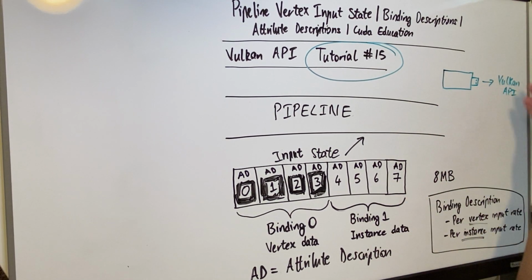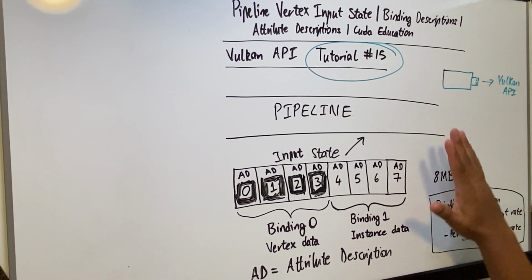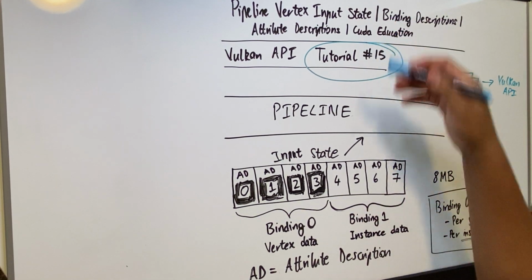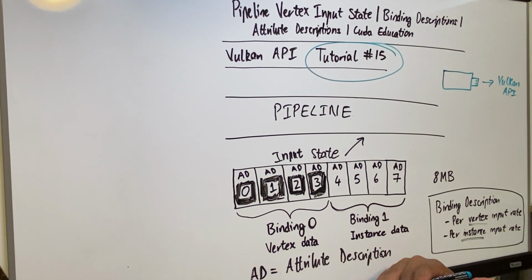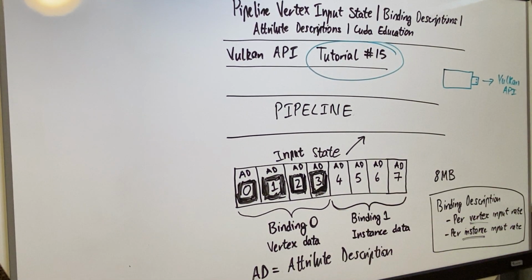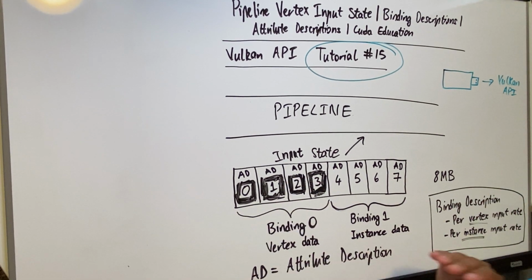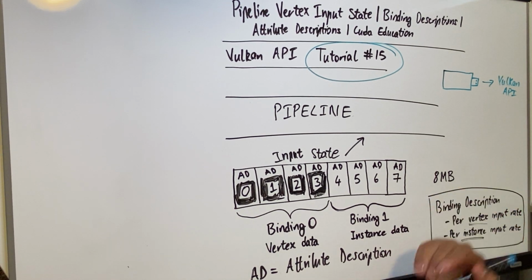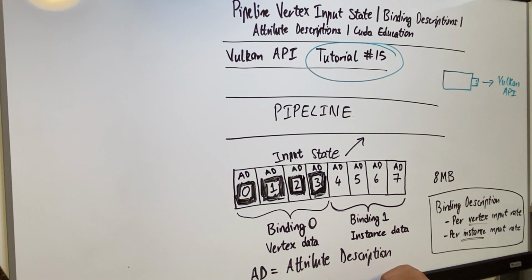There's no information about what you're handing it. There's nothing. And that's what pipeline vertex input state is about. It's about handing over a piece of data to Vulkan, but then also making sure you describe what the data has. All right?